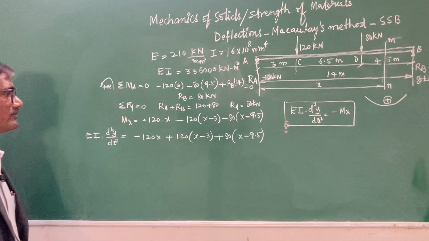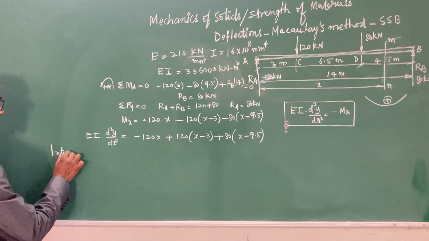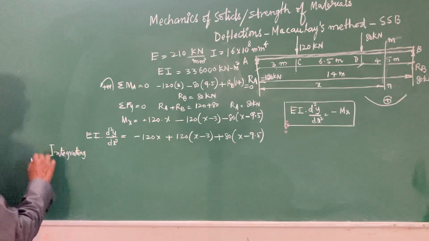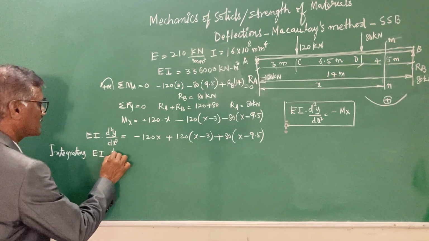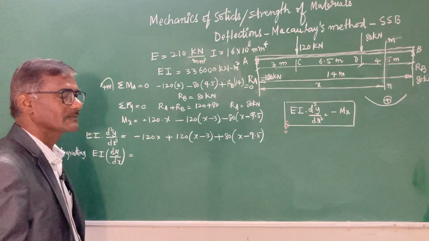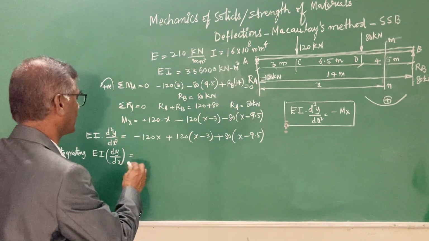This is your equation, and integrating you are going to get the slope equation, and further integrating you are going to get the deflection equation. So EI dy by dx, nothing but slope, equals, remember that in Macaulay's method you will be writing the constant of integration in the beginning.